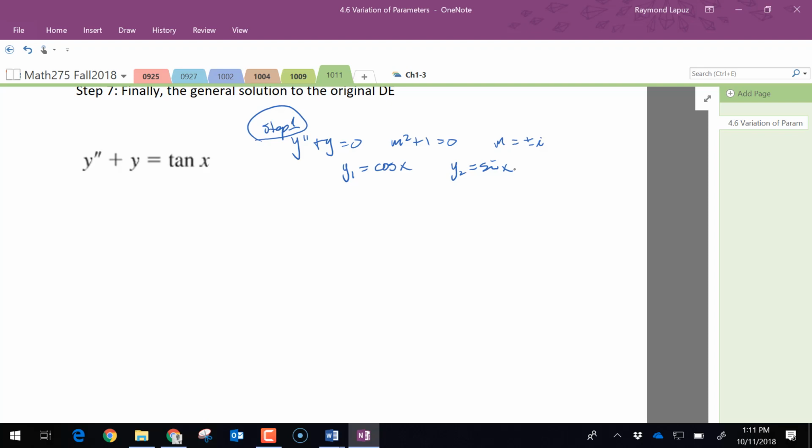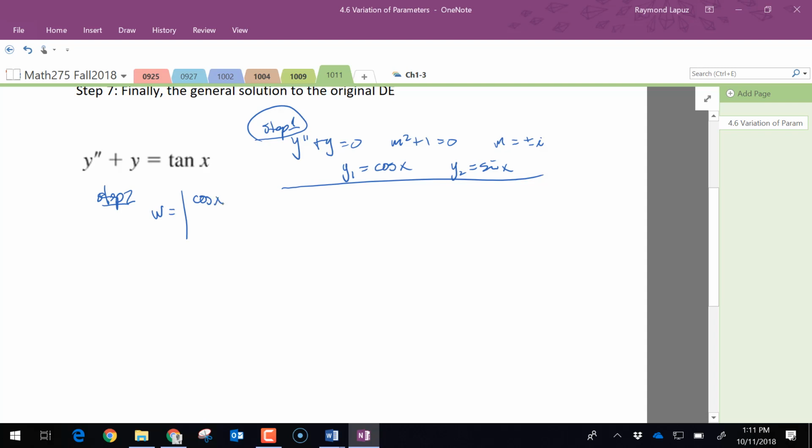Remember back then, this used to be hard. Now we're doing it in less than a minute. All right. Step 2, we get to the Wronskian. There's a neat thing about the Wronskian for the sine and cosine. We'll see it in a bit.